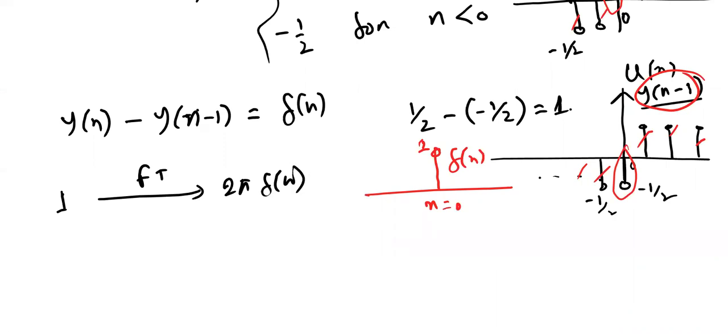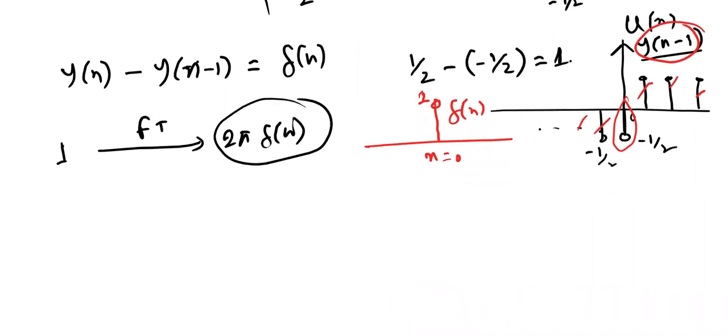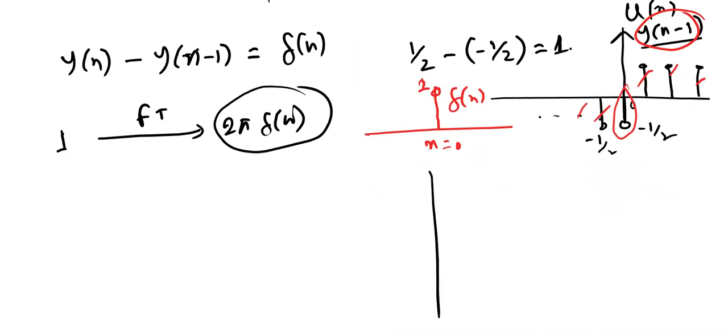How is that so? We have the process. If you don't believe me, you can do the inverse Fourier transform of this function, and we can prove it. So let's do that first. Let's say X of omega is this.